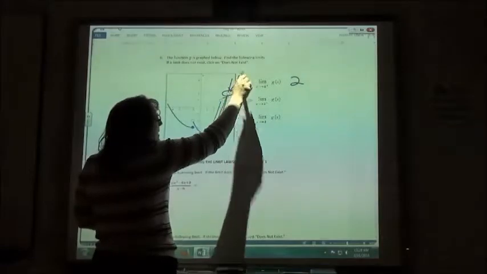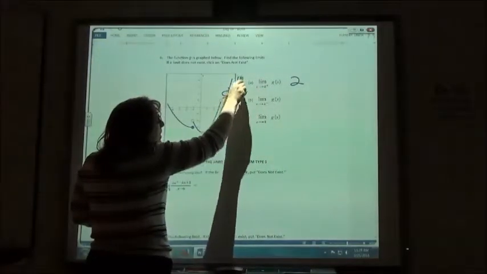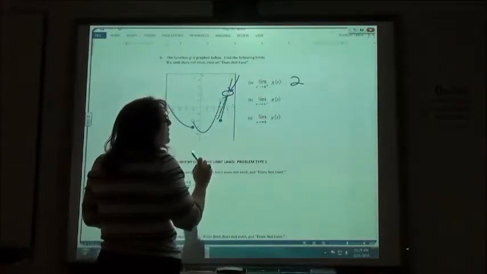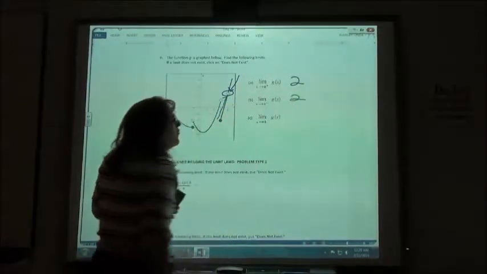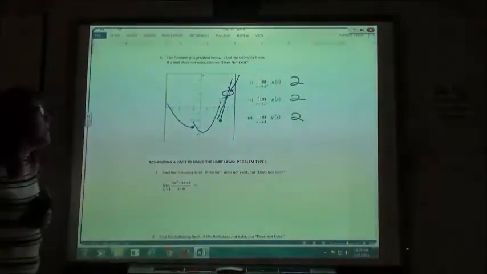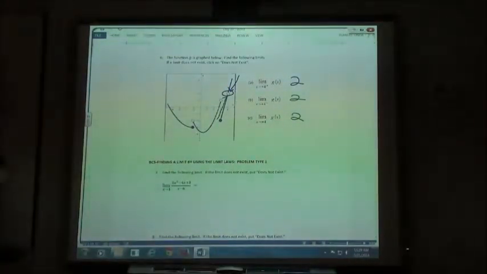So here, when they say coming from the positive direction, I'm coming from the right side. When they say coming from the negative direction, I'm coming from the left side. I'm approaching 2 for both of those, so this time we can say, oh yes, this one does have a limit. As x approaches 4, both from the positive direction and the negative direction, or both from the left and the right, they're both coming towards 2.